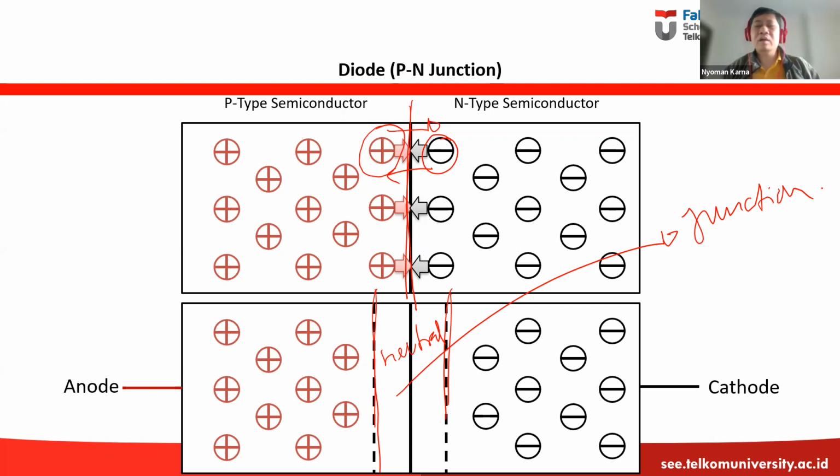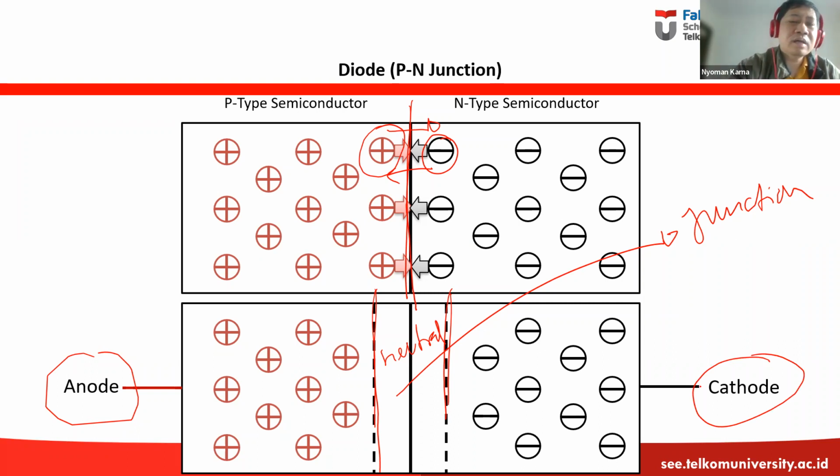Okay, now how about if I put a metal here, let's call it the anode, and put another metal here and call it the cathode. The anode is supposed to have positive potential, and the cathode is supposed to have negative potential.